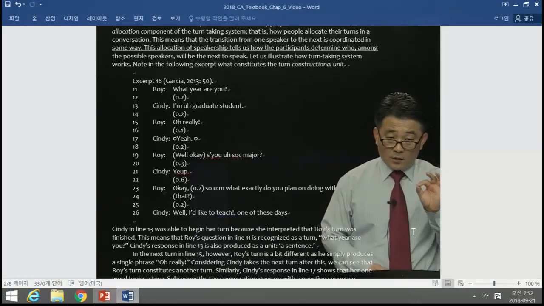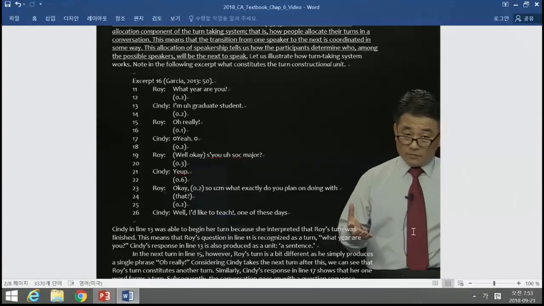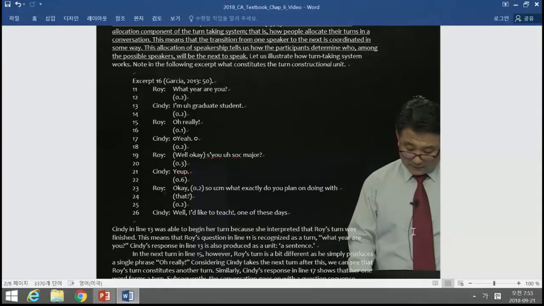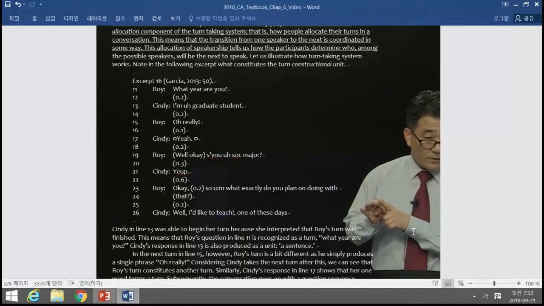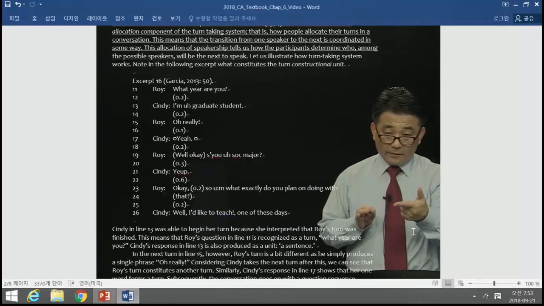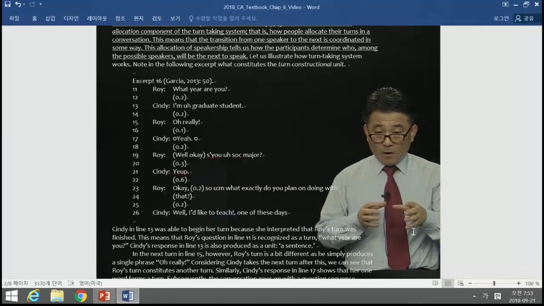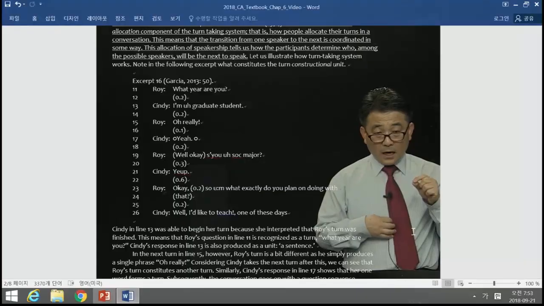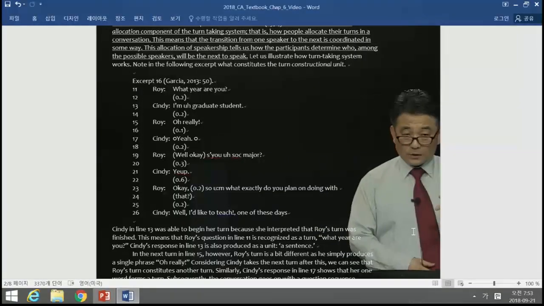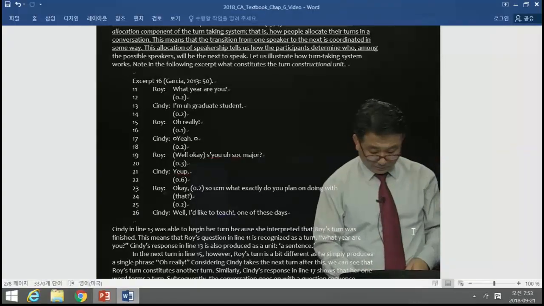So a turn constructional component could be a word, or a phrase, or a full sentence. That's the first question. The second question is, how does Cindy know when to begin her talk? How is Cindy, among all other people, the one who is going to speak next, and so on? That's the second component.